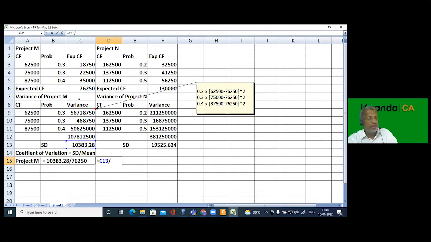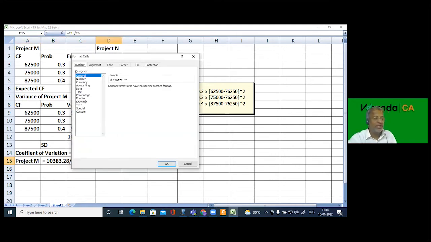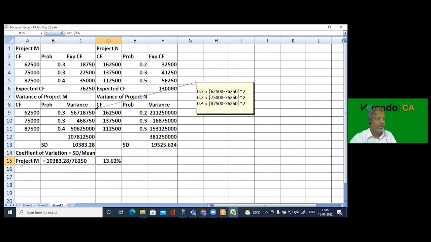This divided by this, in terms of percentage. The lesser the percentage, the lesser will be the deviation. For project N, 19,525.62 divided by 1,30,000.